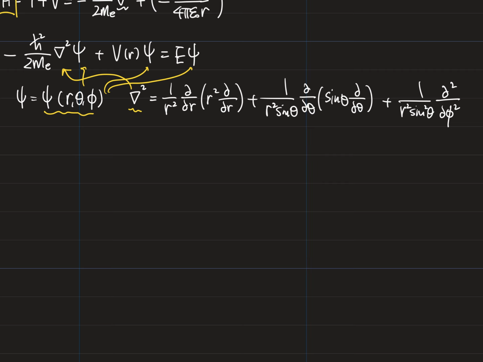We are going to multiply the whole equation by 2 m_e r squared, and you need some rearrangement of the terms.